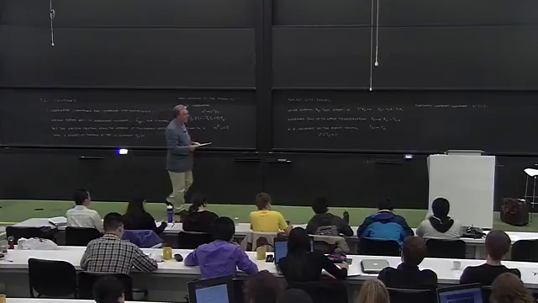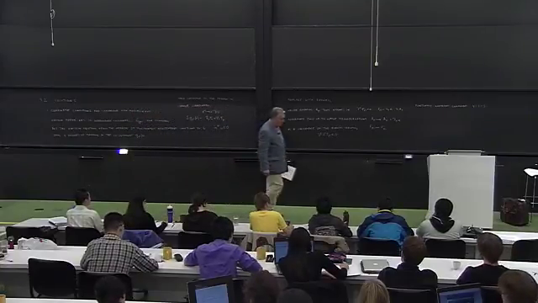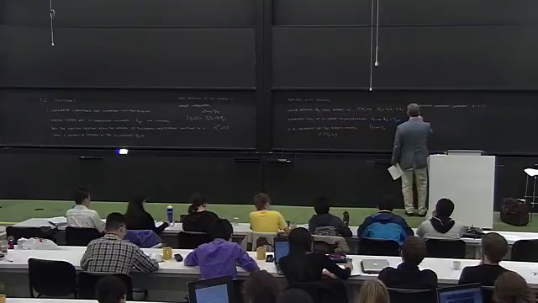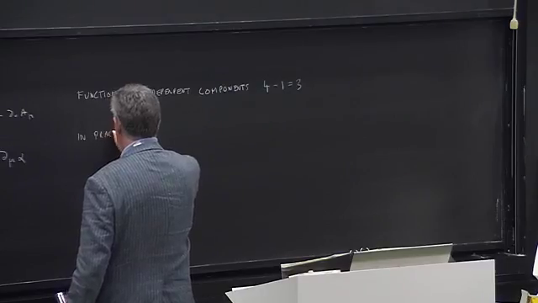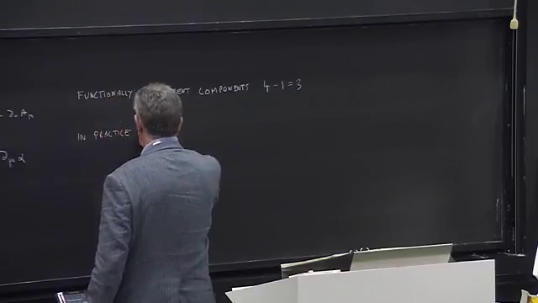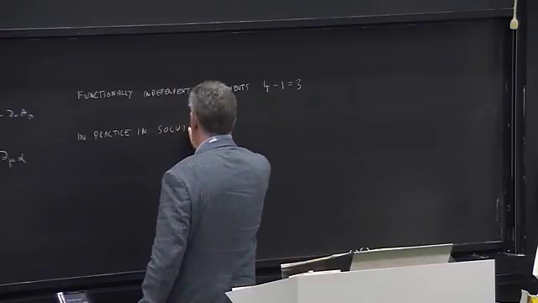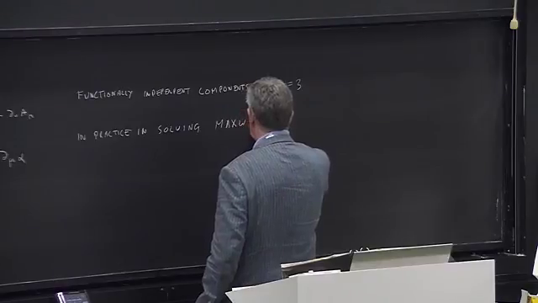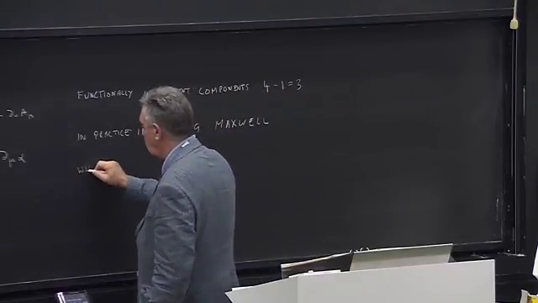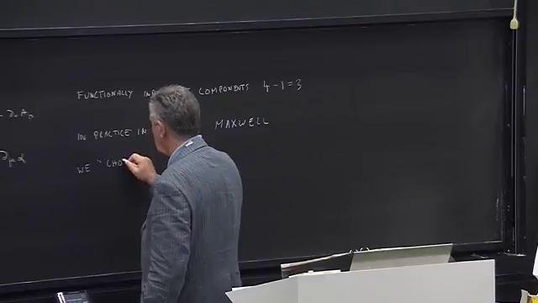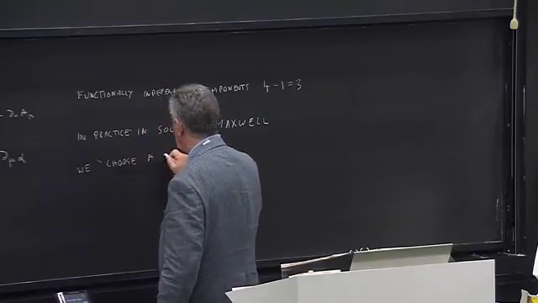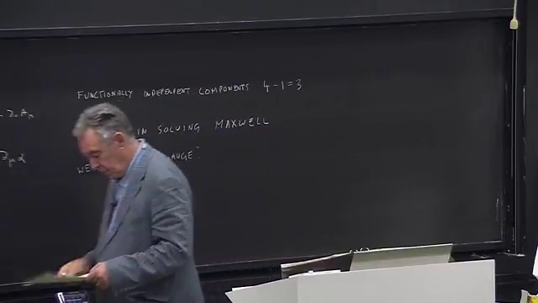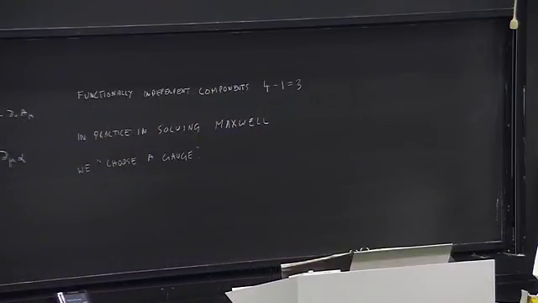Now, in practice, to solve Maxwell's equations, we do what's called choosing a gauge. That fixes the ambiguity.